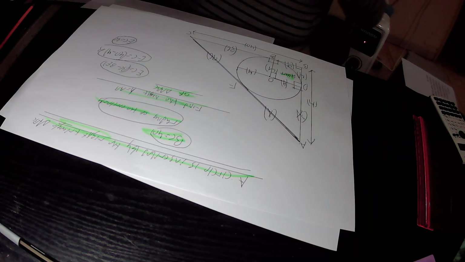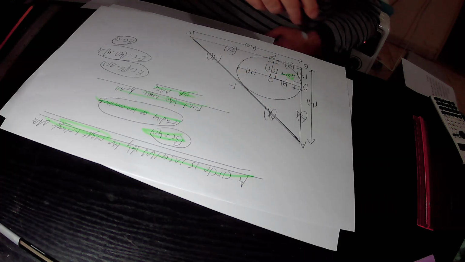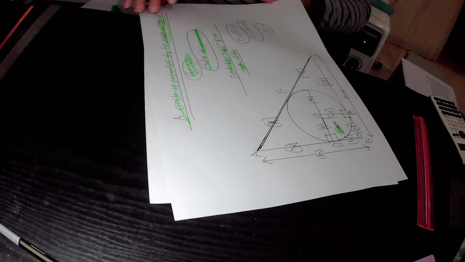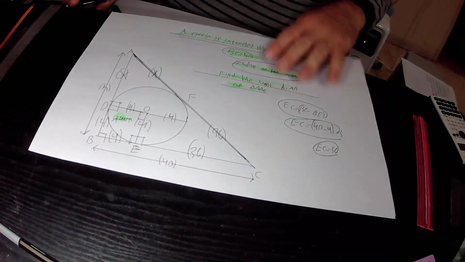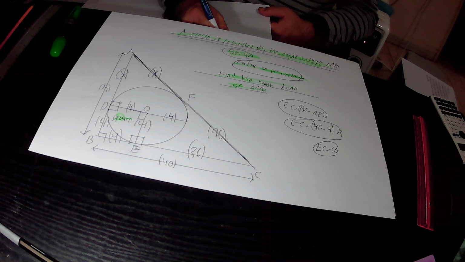So in the next step, we will implement the Pythagorean theorem on this big right triangle, triangle ABC.